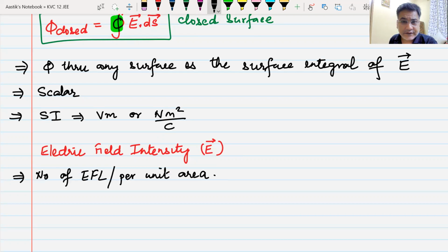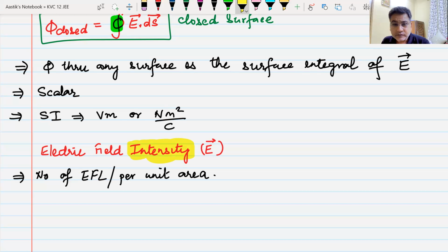When you find the electric field intensity, do you recollect this word intensity from your previous knowledge? Did you hear this term intensity before? Yes, sir. Where? Wave optics.